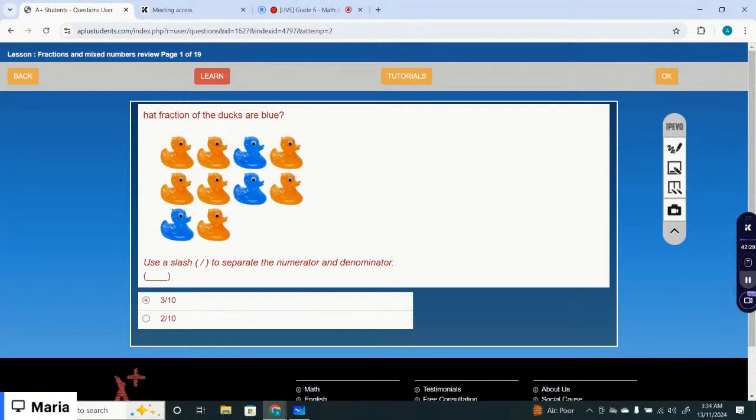So that is 3 by 10. Option number one is the correct option. That is blue to total, right? So that is 3 by 10.